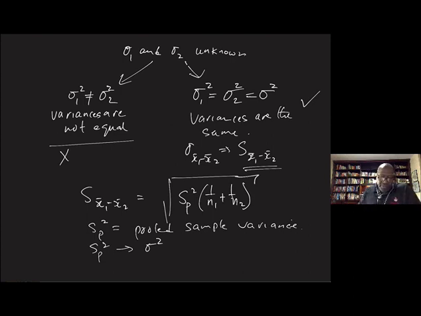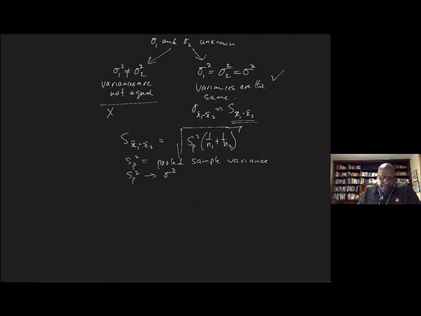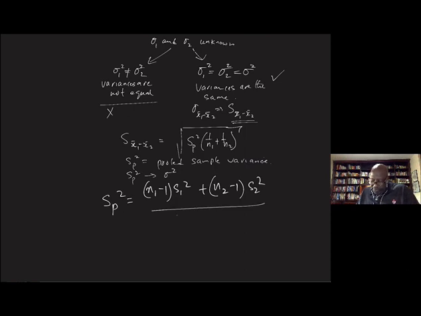And we do that with a statistic called the pooled sample variance. So how then do we compute this pooled sample variance? The pooled sample variance, Sp squared, is given by n1 minus 1 times s1 squared plus n2 minus 1 times s2 squared, divided by the degrees of freedom, which will be n1 plus n2 minus 2.